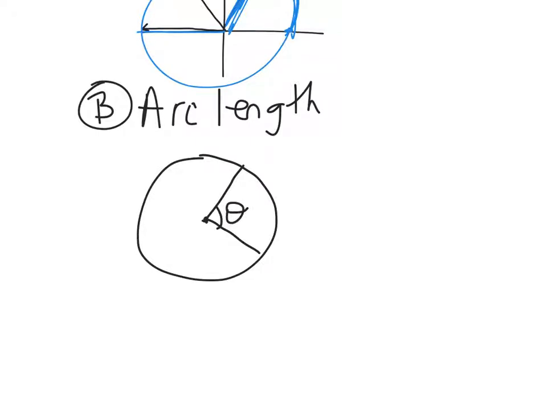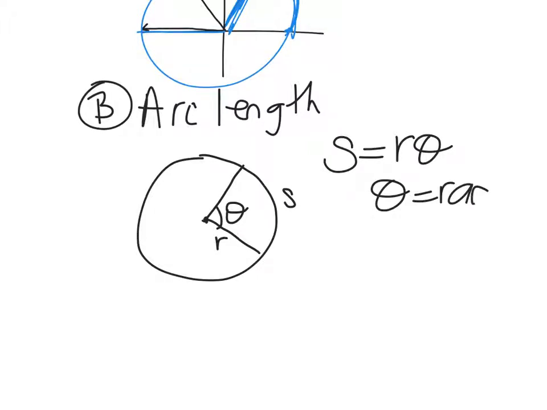S is for arc length, and R is the radius. So the arc length of any circle is equal to its radius times theta, as long as theta is in radians. This won't work if you're in degrees.